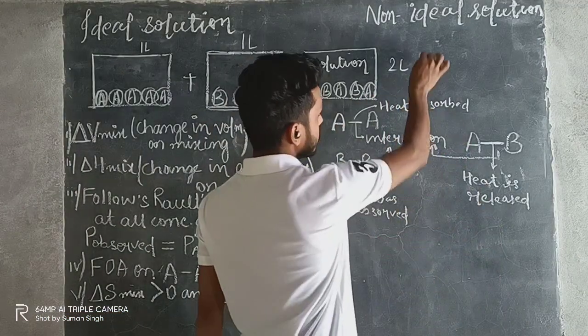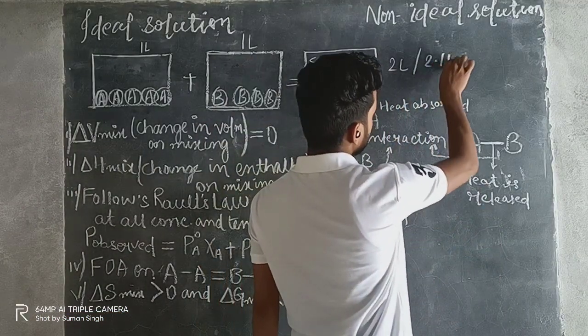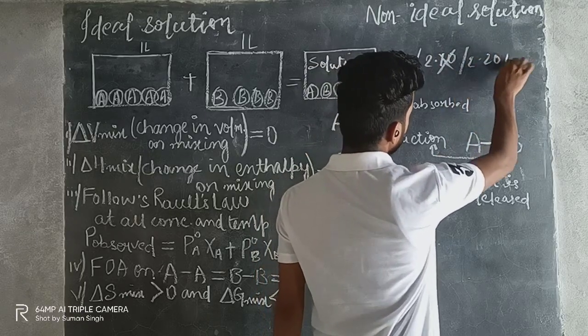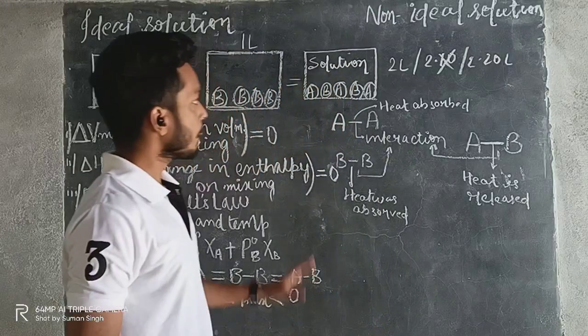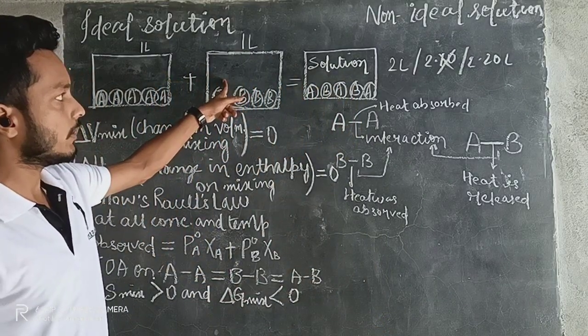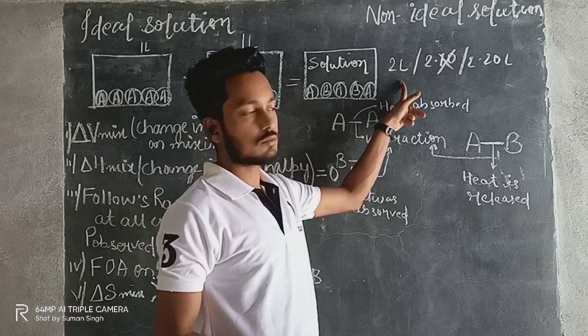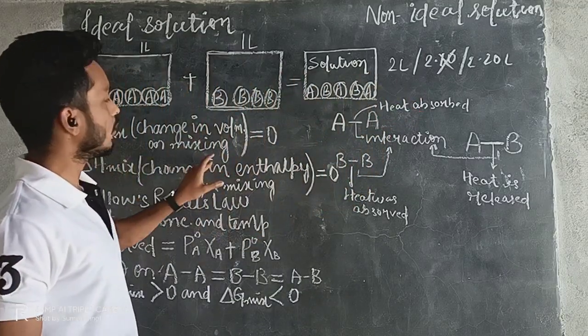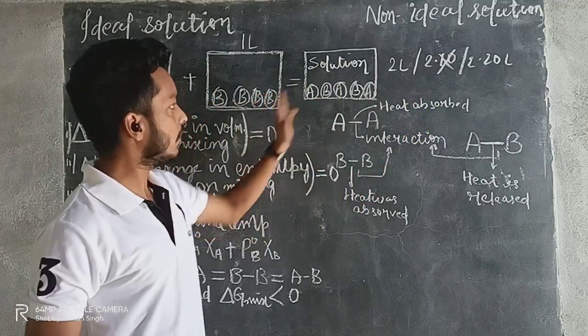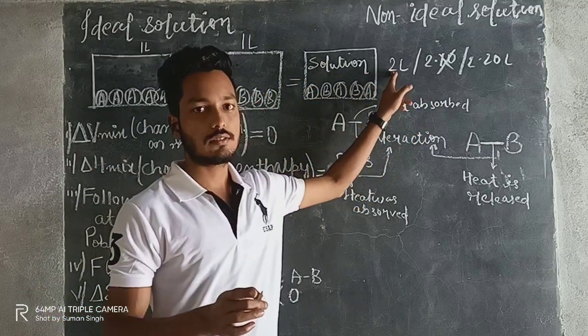If it is 2.10 or 2.20 liters, it is not like this. Whatever we are mixing here, the same thing we are getting. 1 liter we have taken, we have got exactly 2 liters, right?